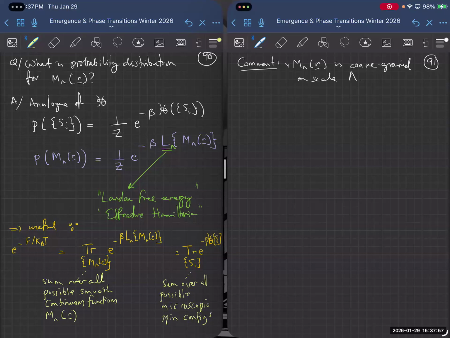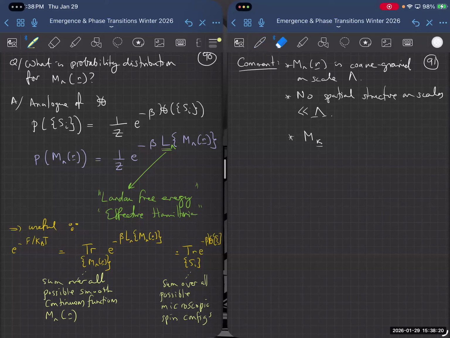And so what that means is that it contains no spatial structure on scales which are less than lambda, because I've averaged over those. And so if I compute the Fourier components of m lambda, let me write it down.